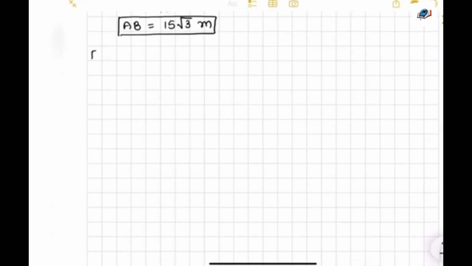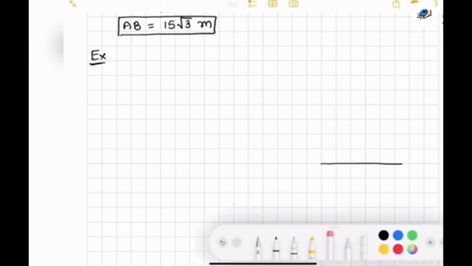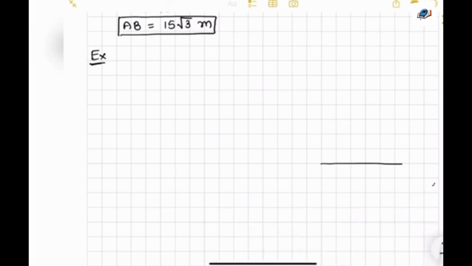Suppose this is the top of a building and one student is standing here, watching from his eye level the top of the tower. His eye level will be this dotted line.